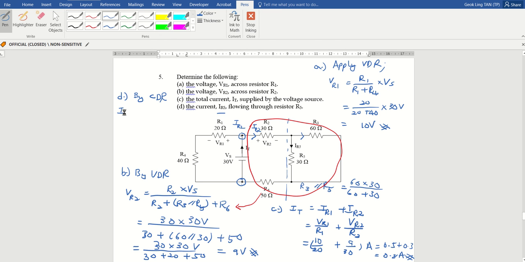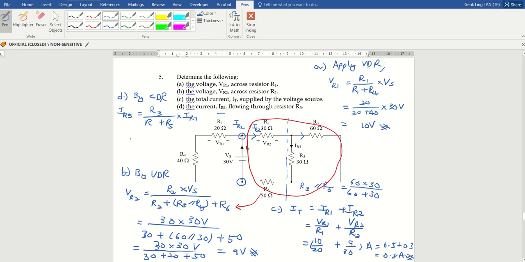So IR5 is then equal to, applying CDR for two parallel resistors, R3 divided by R3 plus R5 times IR2.